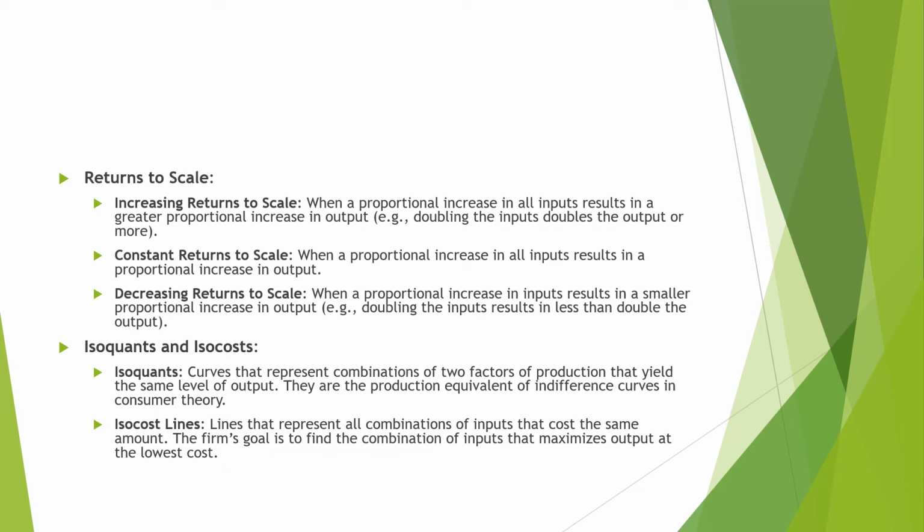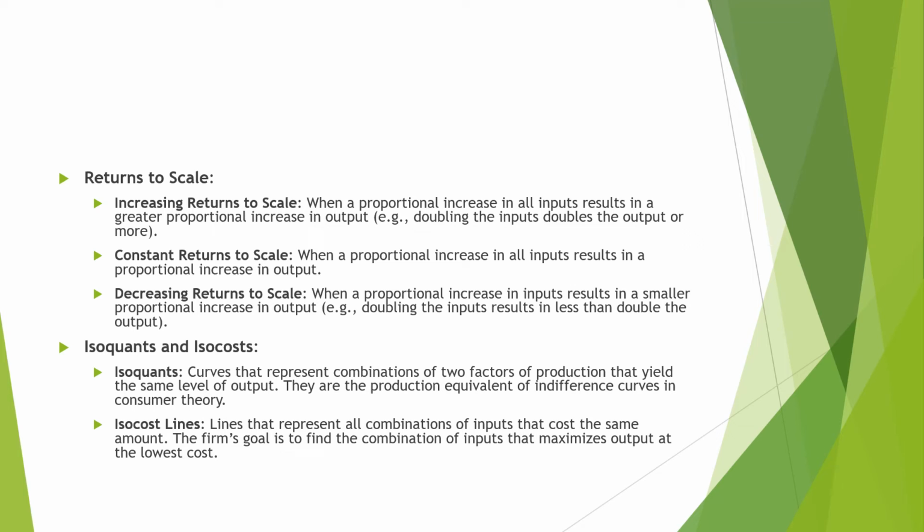Constant return to scale: when a proportional increase in all inputs results in a proportional increase in output. There is equal increase in both input and output, that we can call constant return to scale.